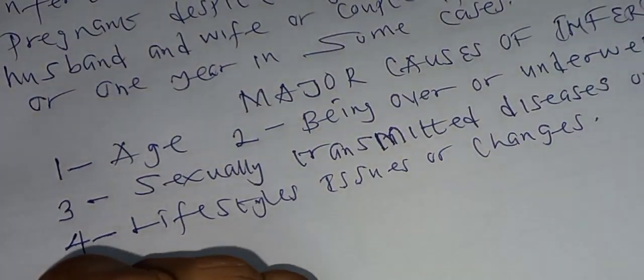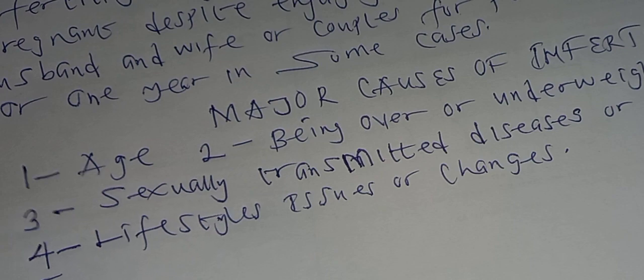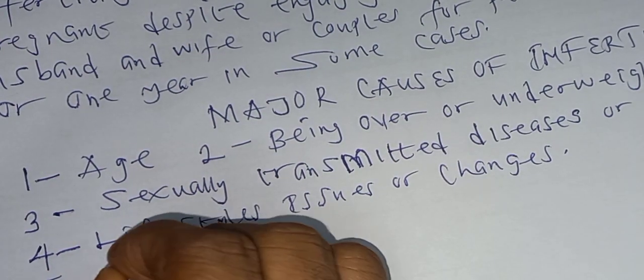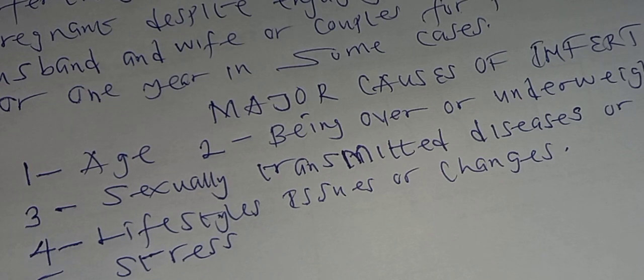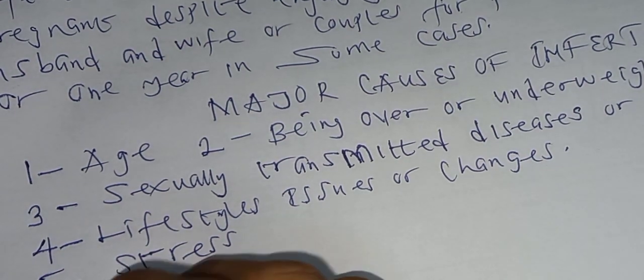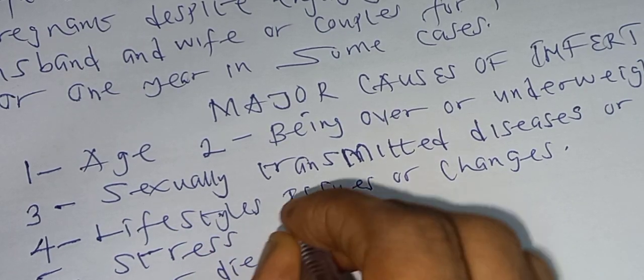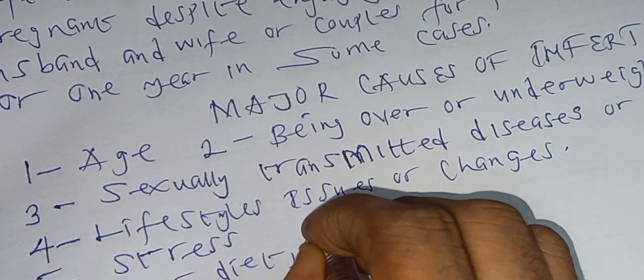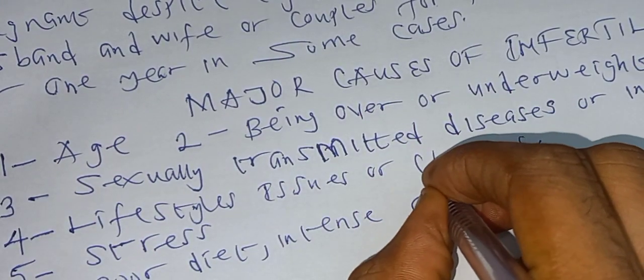Number 5, a major cause of infertility among couples is stress. Too much stress can affect the sperm of a male or cause hormonal imbalance in a female. Number 6, poor diet, intense athletic training.